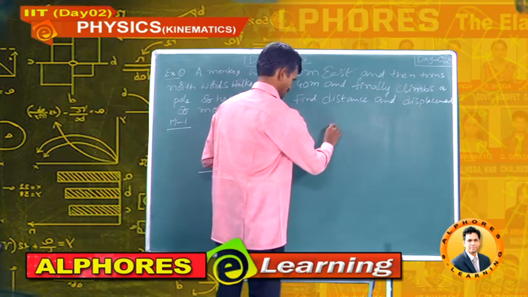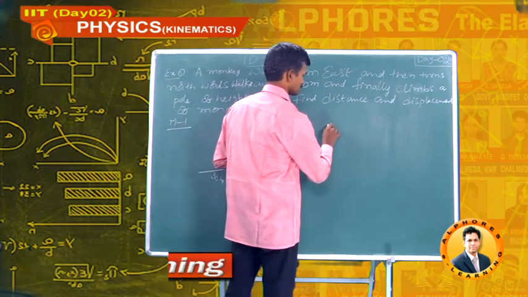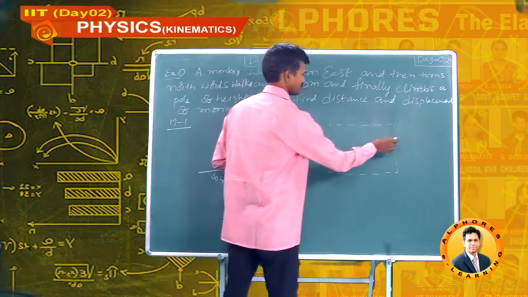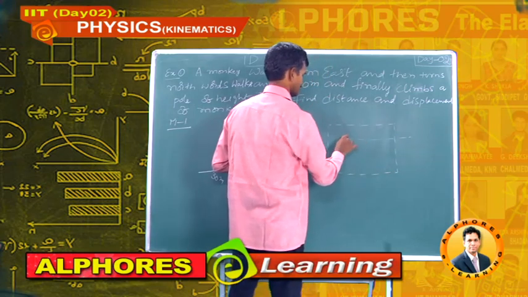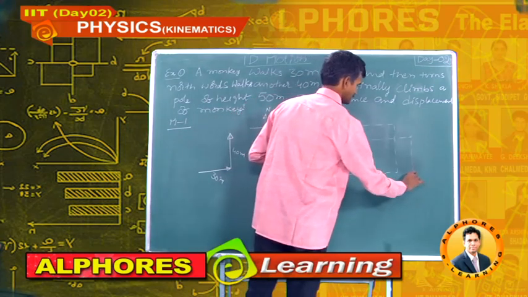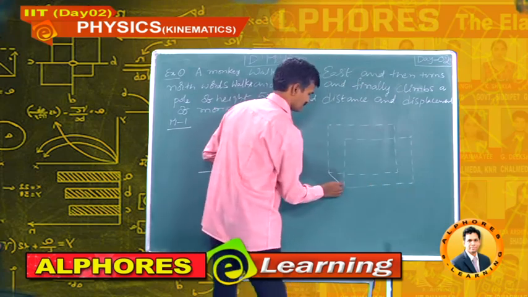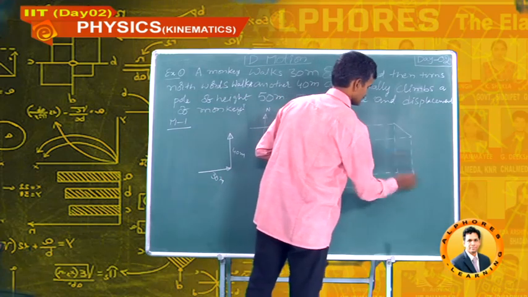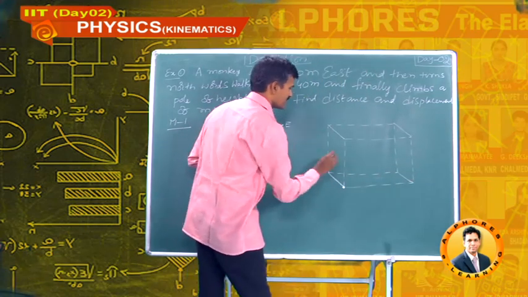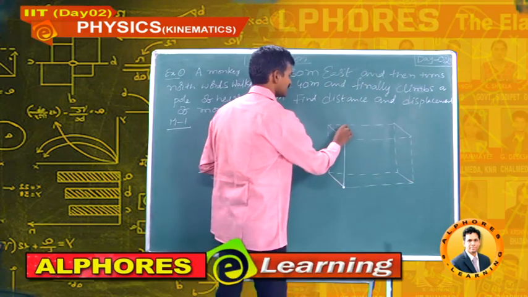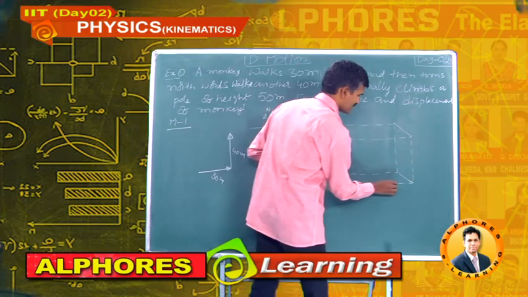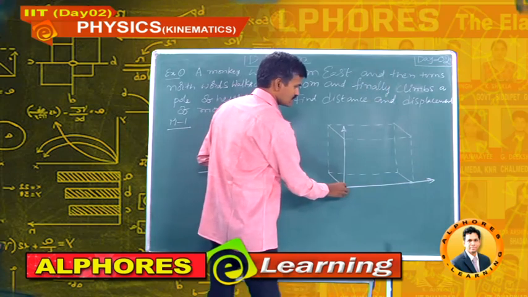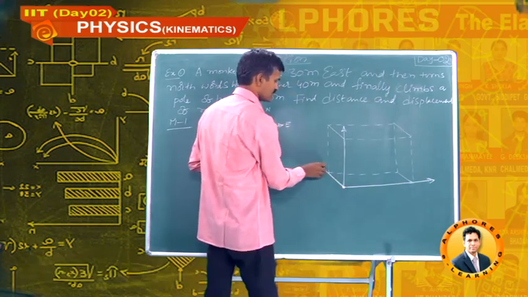Suppose this is our origin, this is vertical direction, this is horizontal direction, and this is also horizontal direction.